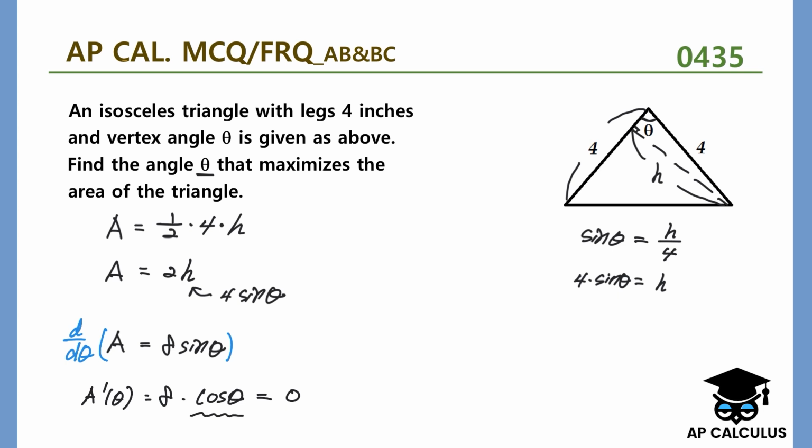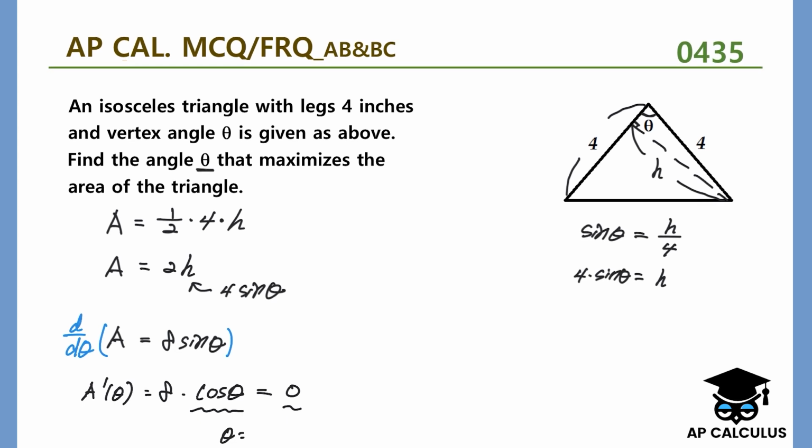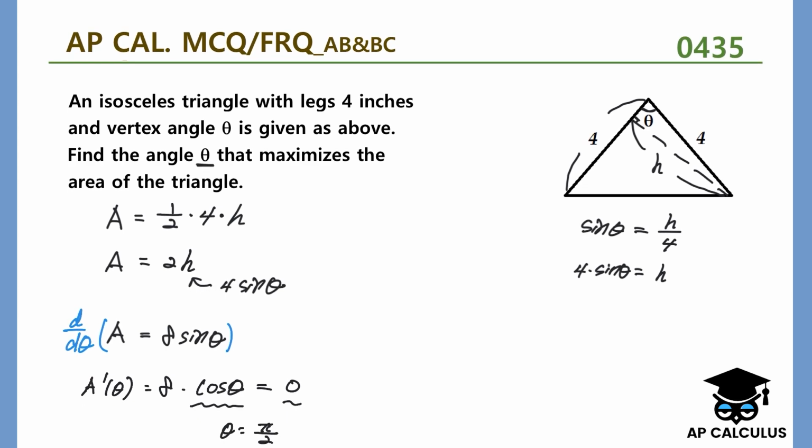Cosine theta is equal to 0 when theta is equal to pi over 2, right? So the derivative of area is equal to 0 when theta is equal to pi over 2. Let's test this.